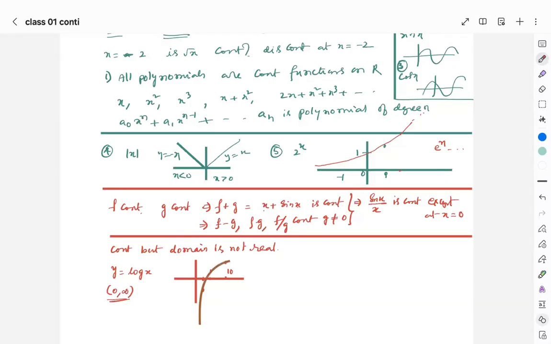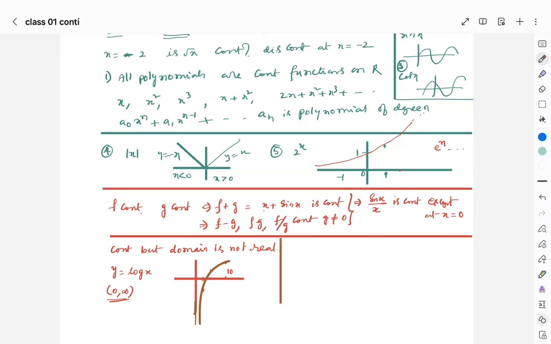As x is approaching 0, it approaches minus infinity. So it is continuous, not on the real line, but where it is defined.